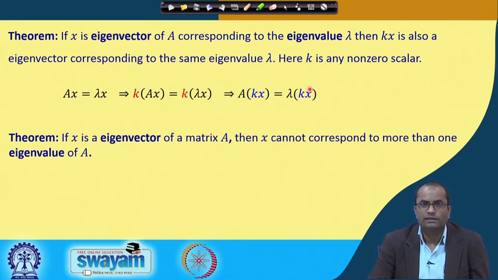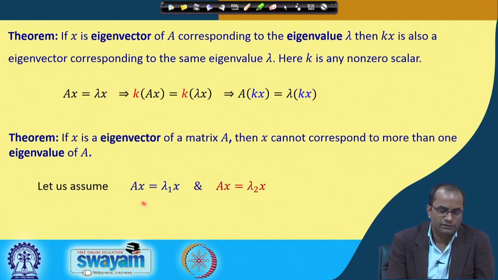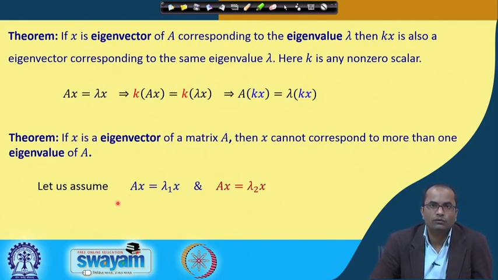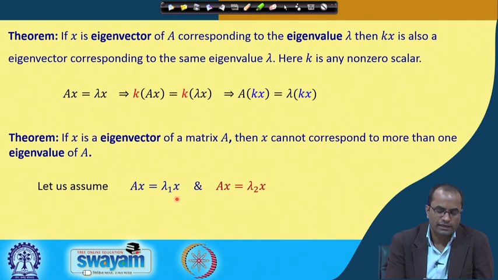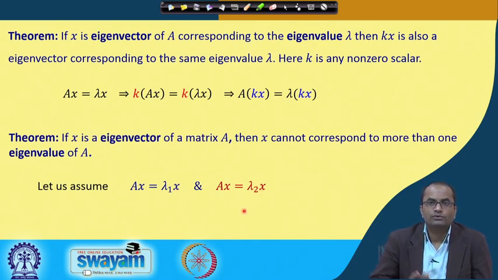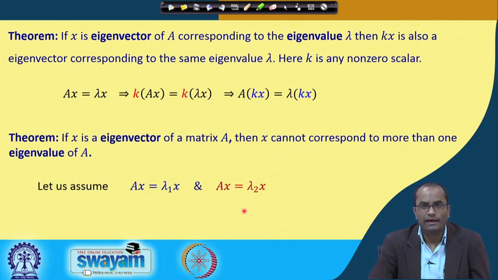So, if we assume that for a given matrix we have Ax equal to lambda 1 x, and we also assume that Ax is equal to lambda 2 x, meaning we have assumed that the eigenvector x corresponds to two eigenvalues, lambda 1 and lambda 2. This is our assumption, and we will see now that this is not possible.